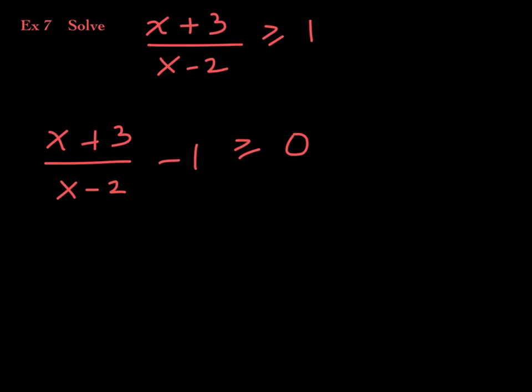But what I need to do now is combine these two expressions so that I only have one rational expression, not two. Okay? So notice that the LCD is x - 2. So what I'm going to do is rewrite the number 1 as a fraction whose denominator is x - 2.